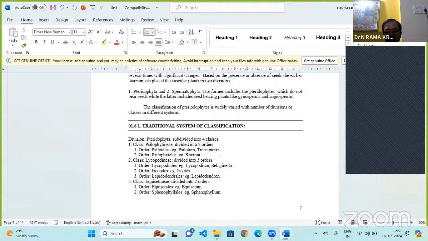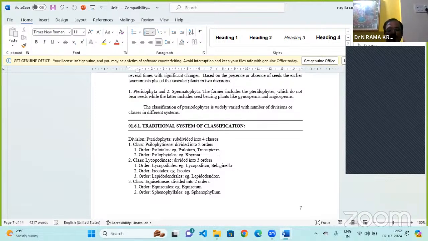So what are exarch, endarch and mesarch? There are three types of xylem. In exarch, the differentiation of the xylem proceeds from the periphery to the center, that is centripetal differentiation.